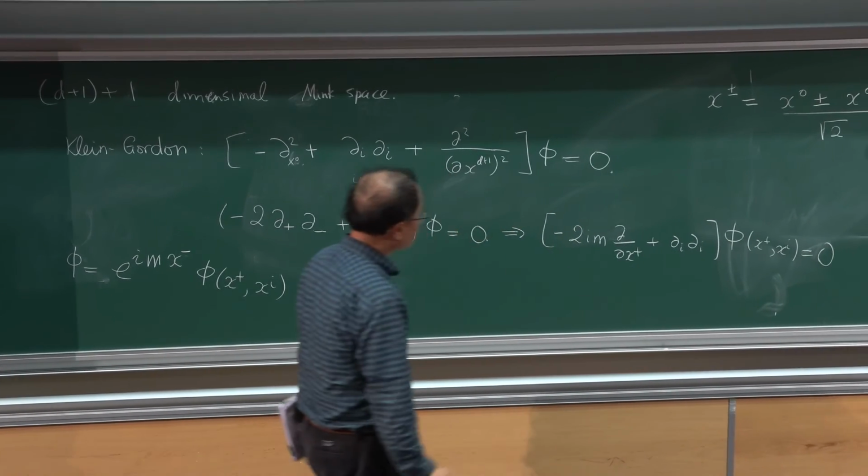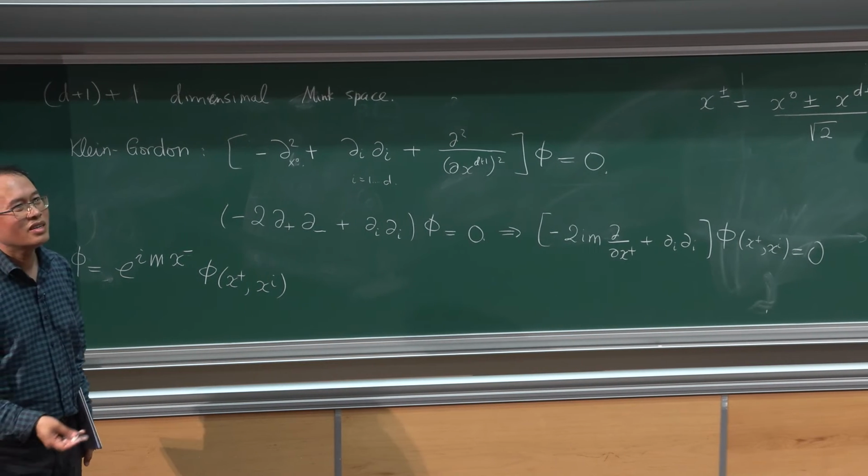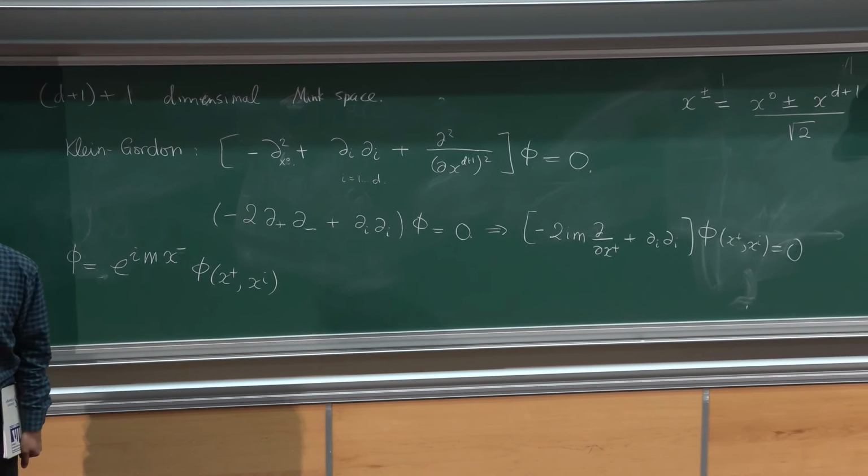What we see here is the Schrödinger equation now, with m playing the role of the mass and x^+ playing the role of time.